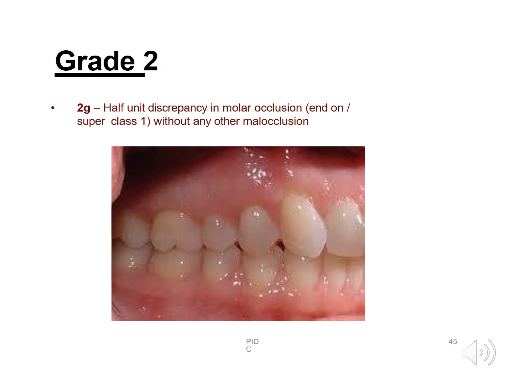This is 2G, half unit discrepancy in molar occlusion without any other malocclusion. In this grading, the molar is in class 2 half unit, whereas the other teeth are well aligned and there is no crossbite, no increased overjet, and nothing else.